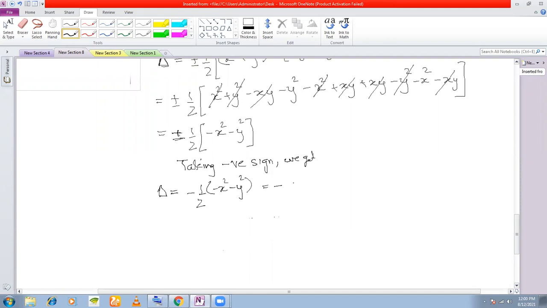So that now you get the area as positive because these two minus signs are going to combine to give you half x square plus y square units. Okay, so this should be okay. Can we move on to the next one?